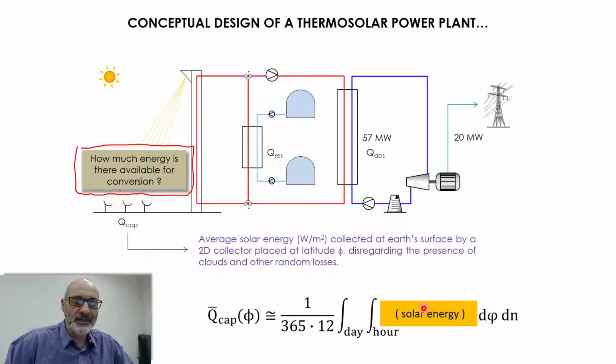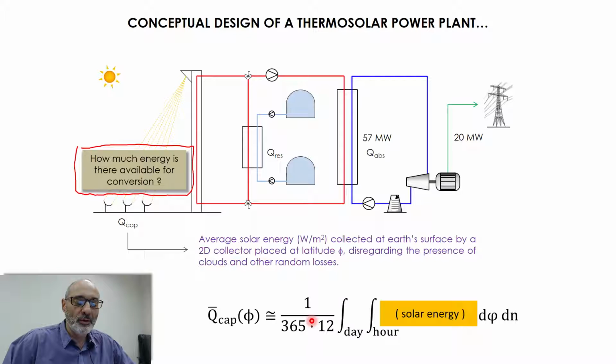So this yellow box here we're going to assess. We're going to use celestial mechanics to assess this. After assessing solar energy, this term here, we're going to calculate the average energy that is available for conversion, Q capture as a function of latitude.